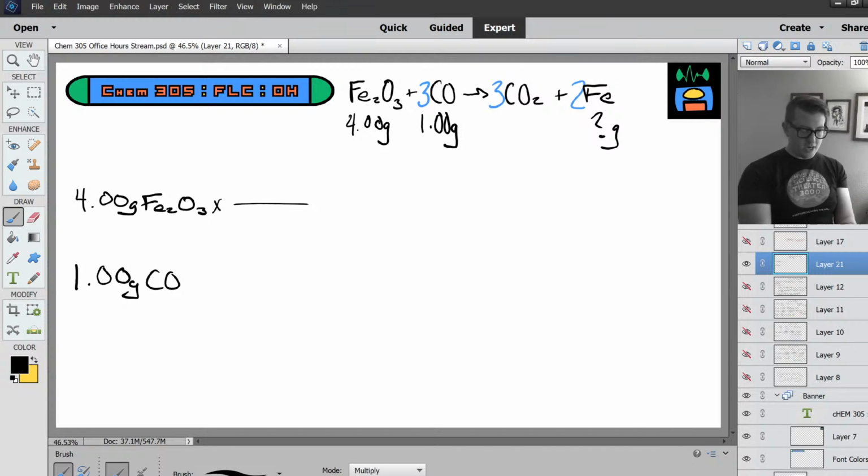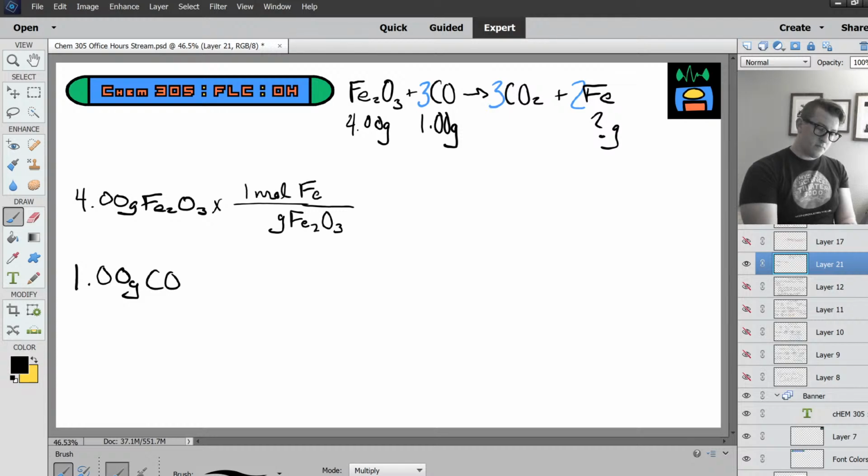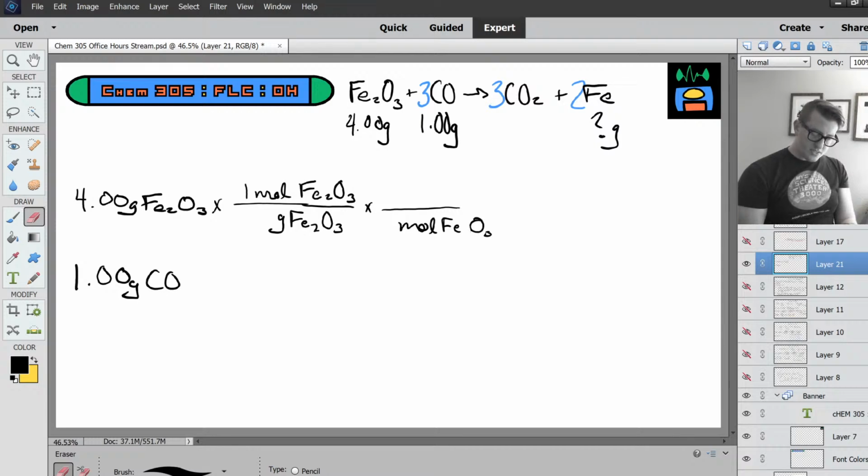So, starting with iron 3 oxide, we need to convert our mass to moles, so that we can convert from moles of iron 3 oxide. Goodness gracious, I keep putting a 3 as the subscript for iron when it's totally 2.